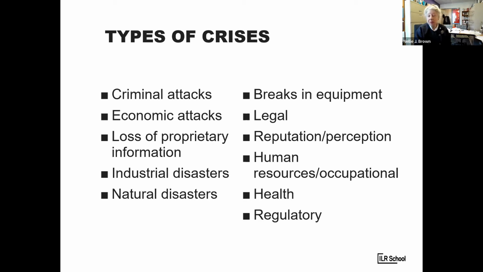Again, I pushed people on pandemics, but they didn't want to believe me that that could be an issue for their organization. I think we've all learned differently now. And of course, is your organization subject to any type of regulation whatsoever? In which case, could a violation of a regulation be, in fact, truly devastating to your organization?